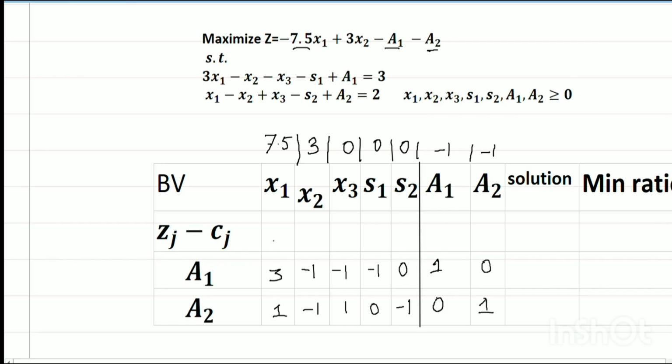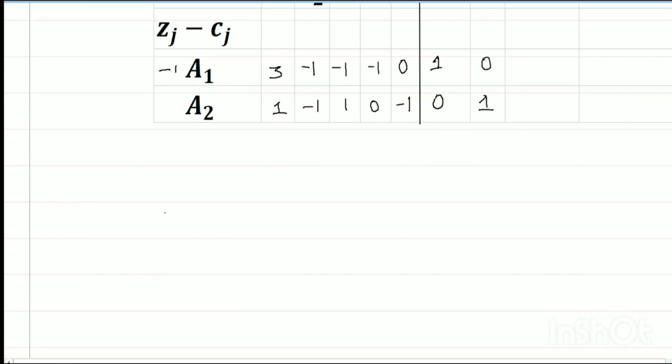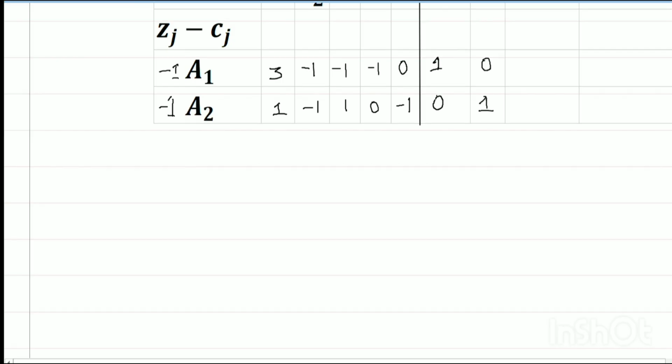Zj minus cj is very simple. For a1 you see here it is -1, and it is -1, and here it is -1. So a1 is -1 and a2 is -1. So this value is zj minus cj.